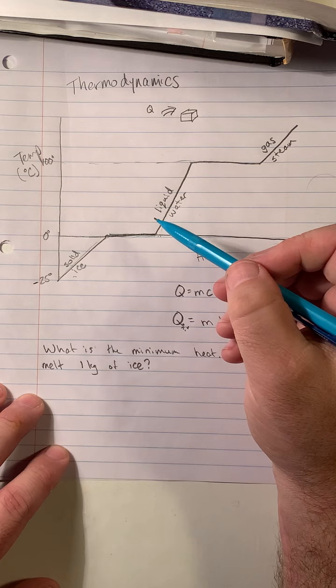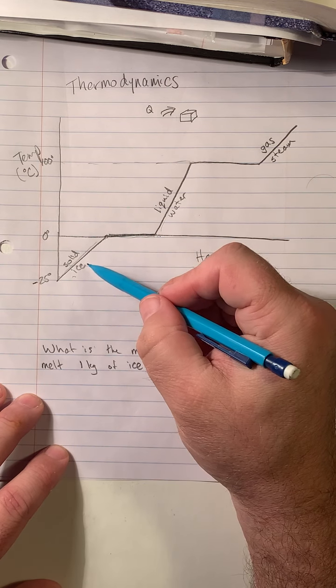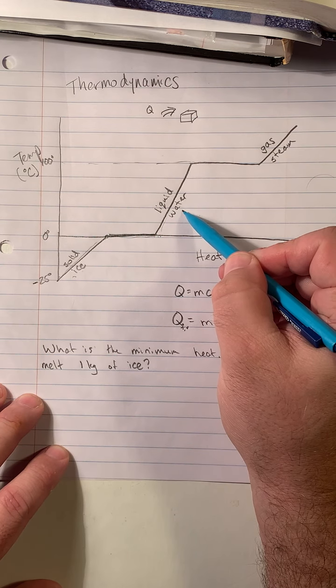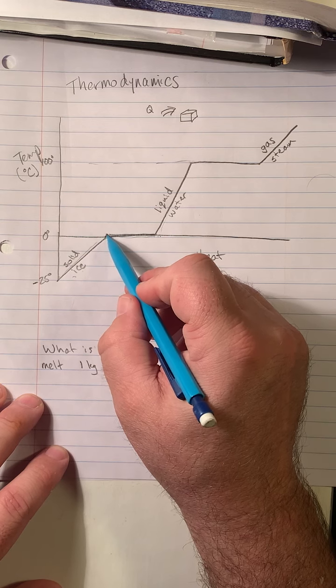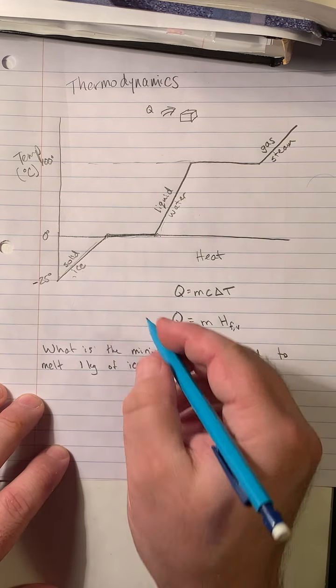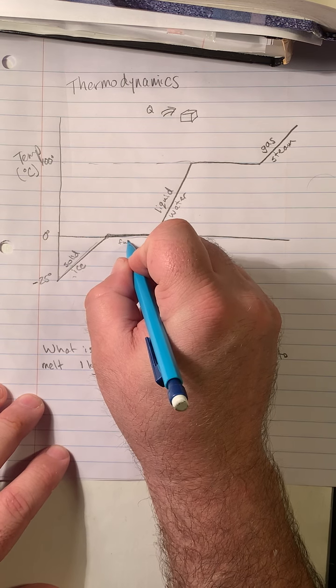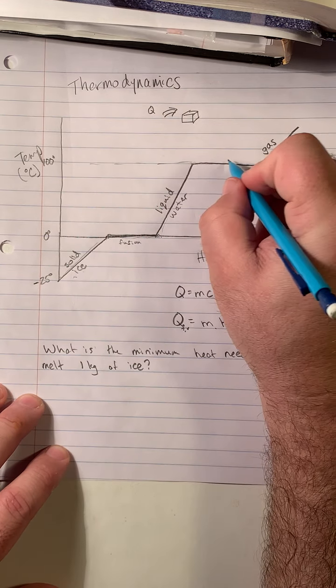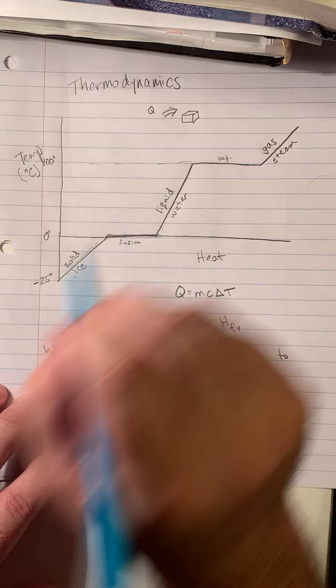Okay, so the minimum amount to melt would be, I need to go from ice to water. So if I'm starting at zero, I'm going to go from here to here. How much energy is needed to do that? This would be the stage of fusion, and then this would be the stage of vaporization.